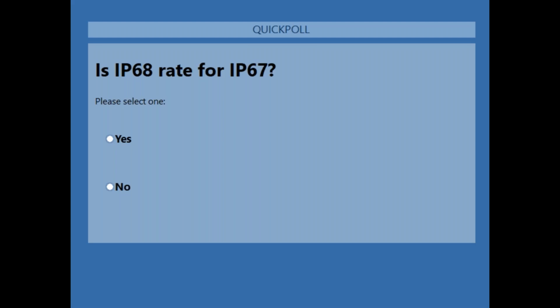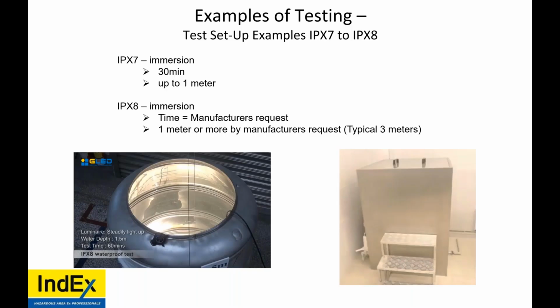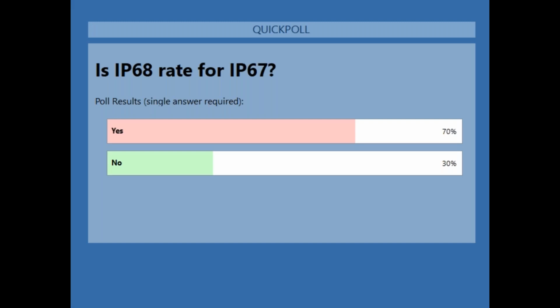You guys are quite quick on this one and favorable response so far. Okay. So 70% got it right. 68 is rated for 67 because it is a more stringent test. We'll show you exactly where in the standards this is clearly identified.